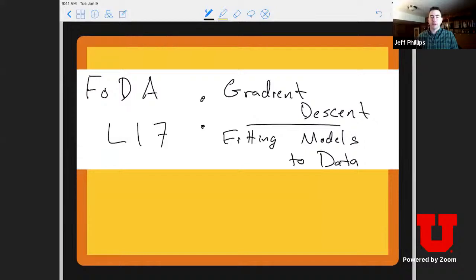In particular, we're going to talk about how to use the techniques we learned in the last two lectures to actually fit a model when the function you're trying to optimize is derived from data, and particularly is a quadratic loss function, like the sum of the squared errors. It's going to discuss how to use gradient descent inside this context.